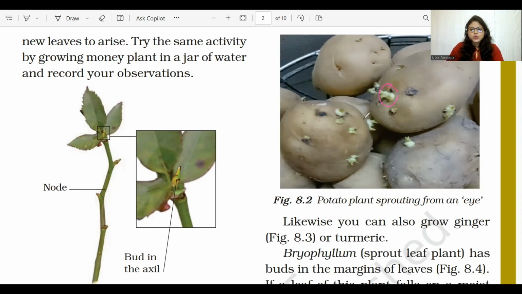From this eye a new stem will arise, which we call a sprout. Okay, and this sprout will grow into a new plant. That's why it is said potato plant sprouting from an eye. So these small sprouts that you see develop into new plants.